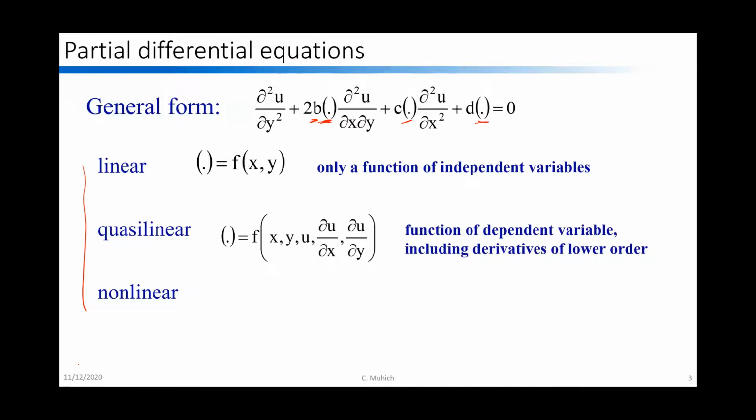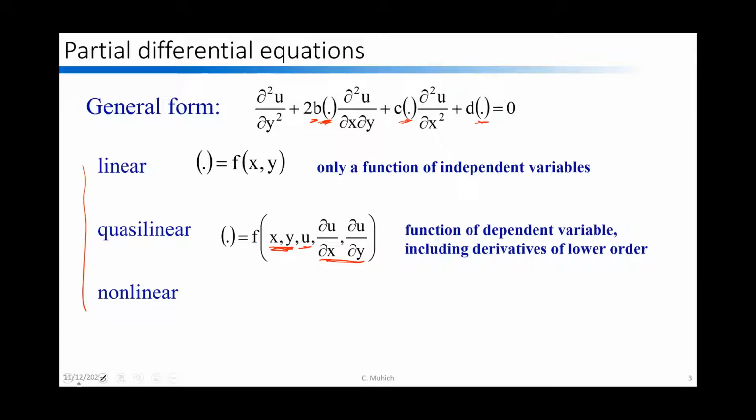Quasi-linear is where these function values may contain the independent variables x and y, like the linear, but they may also contain the dependent variable u and/or first derivatives of that dependent variable.